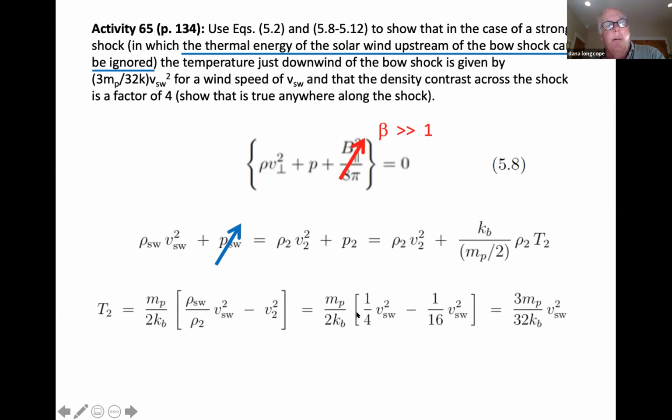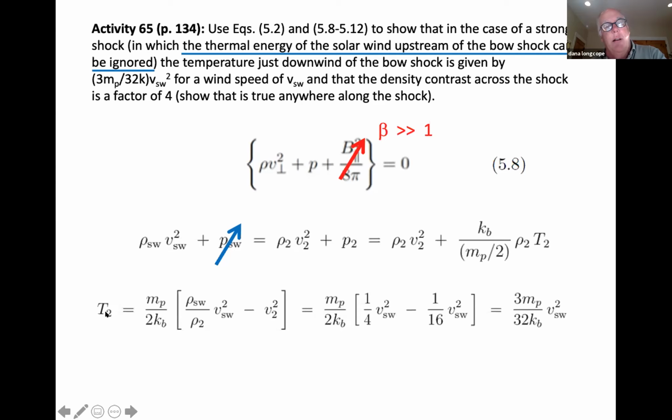So this turns into 1/4. And then V solar wind speed is just V solar wind speed. So you do have to, and then that drops by a factor of 4, and then you square that. So you get to do the algebra of 1/4 minus 1/16, and that's where you get 3/16. There's a factor of 2 up there, so 3/32. That's actually given to you.